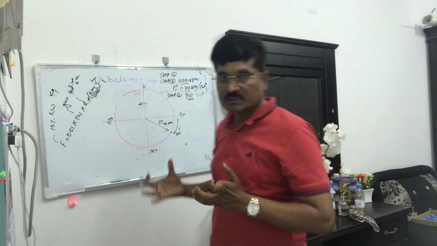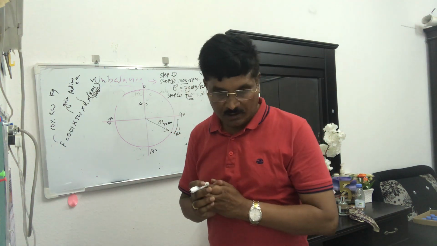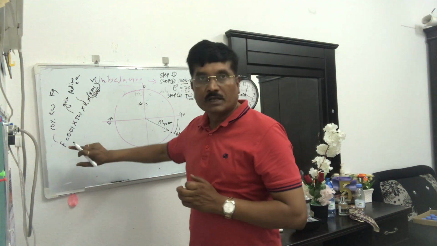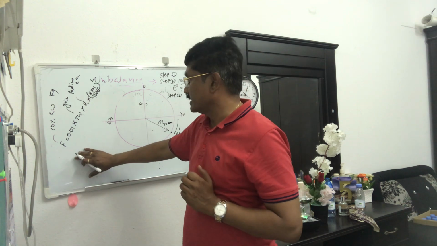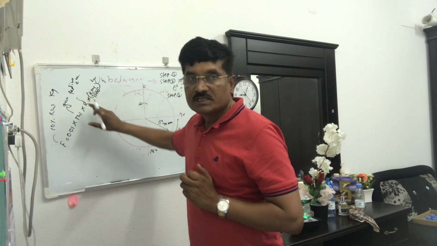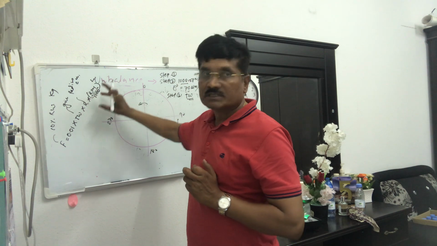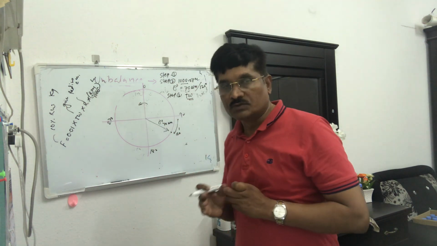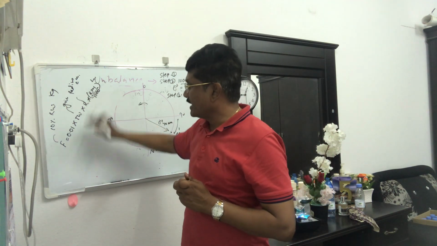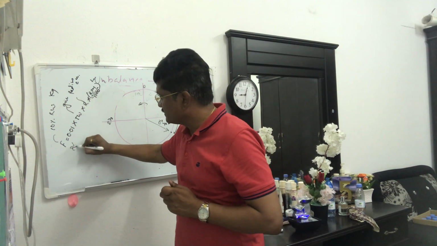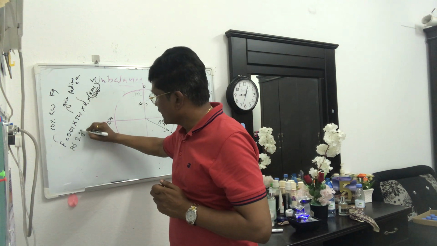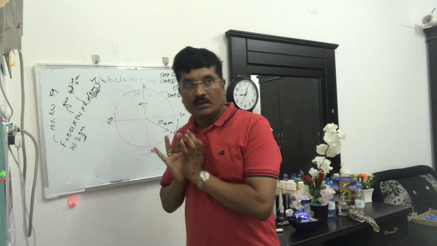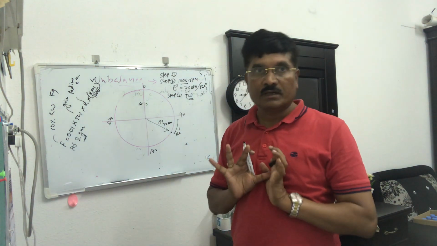Suppose the weight is 300 kg, then F will be 30 kg, 10%. Then R is, suppose, 10 centimeter, and RPM is, suppose, 15,000. According to that, we will get about 2 grams of trial weight. Okay, we get some trial weight now.